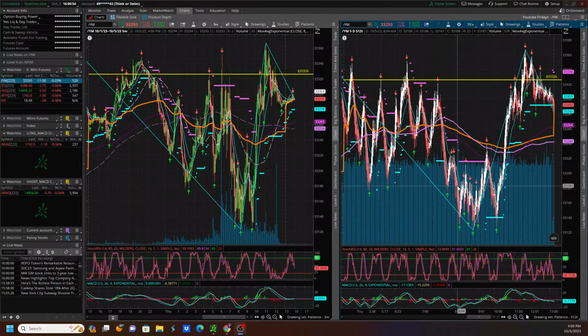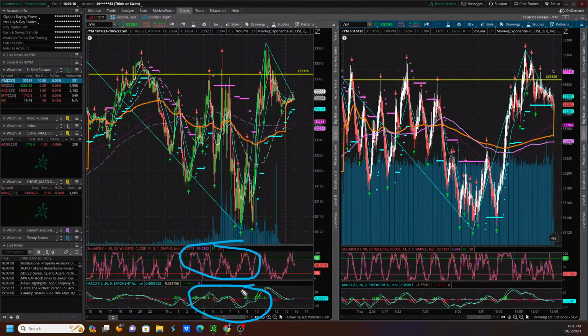What I have up on the screen is Thinkorswim, and what indicators I have here doesn't really matter. What matters is what works for you, right? What I'm showing is what works for me, which is a combination of stochastic RSI as an indicator with a MACD.